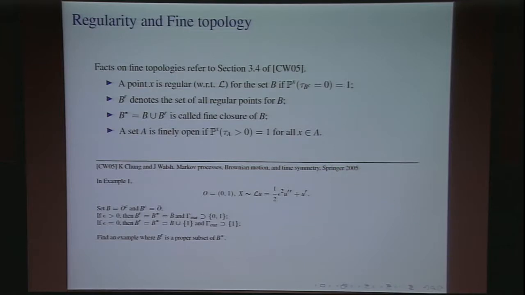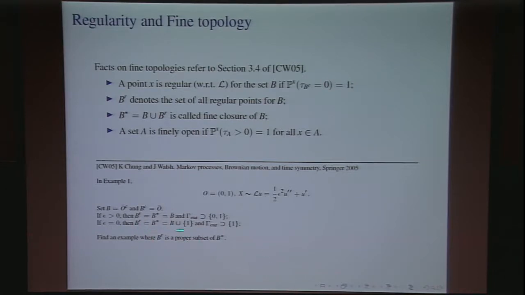In other words, in this case it is the same as B bar. So if epsilon is greater than 0, a non-degenerate operator, then you have the fine topology the same as the Euclidean topology, at least for open sets. But if epsilon equals 0, then it gives something different, a significant difference.